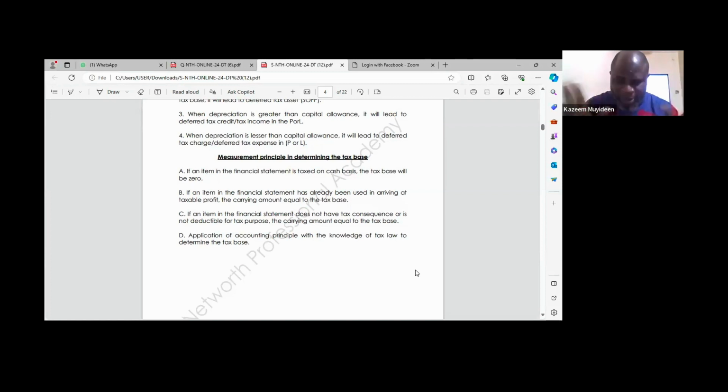But so far as we have, it is summarized solely 6. We have done number 1 and number 2. Number 1 is that they will say they bought an asset. They will give you the depreciation and the capital allowance, then the tax rate by the government. Where you get the carrying amount, you compare with the tax base to get either a deferred tax liability or deferred tax asset in the statement of financial position and the movement to the P or L. Or they give you depreciation.